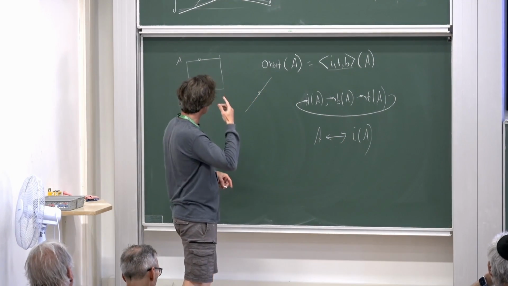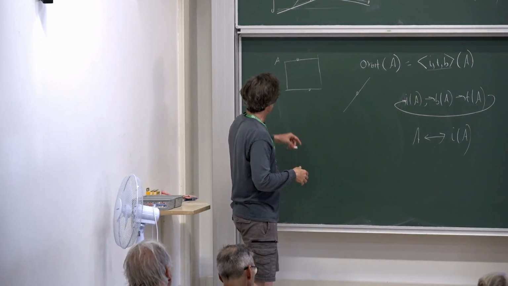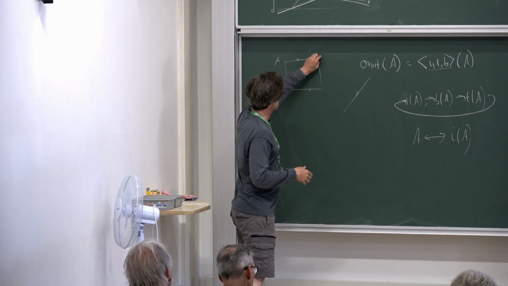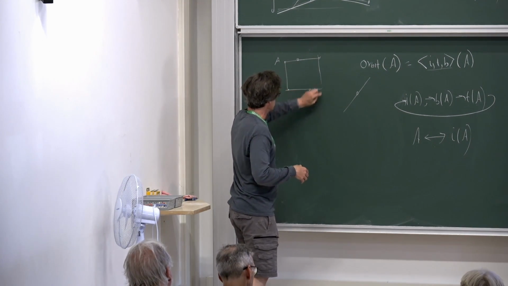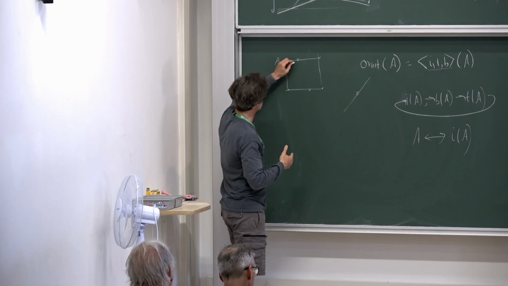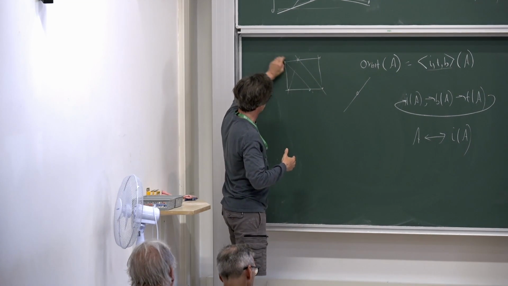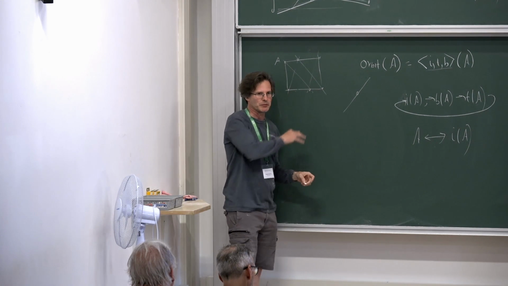But it turns out in Pappus's theorem, it looks like a theorem that involves 6 points distributed on 2 lines. But you can also think of it as involving 1, 2, 3, 4, 5, 6 lines going through 2 points.